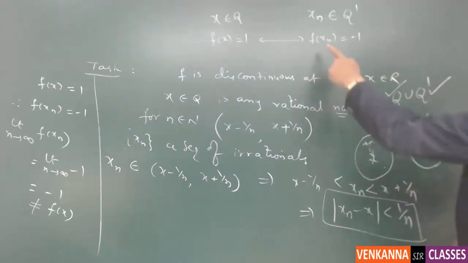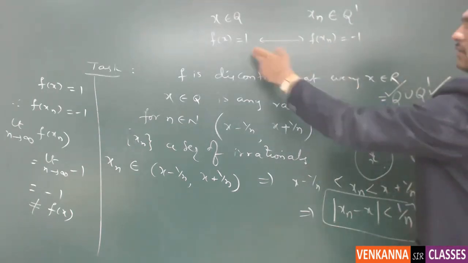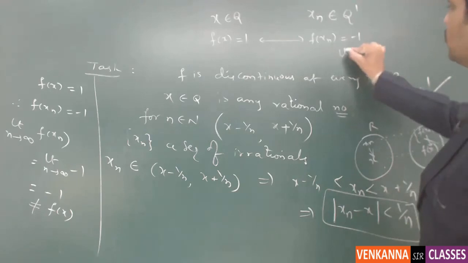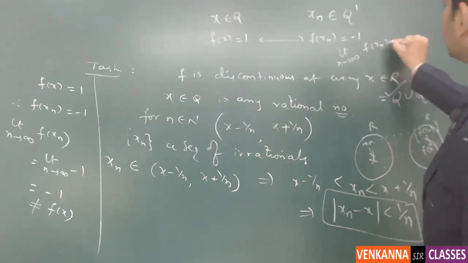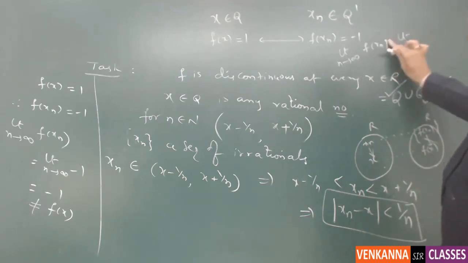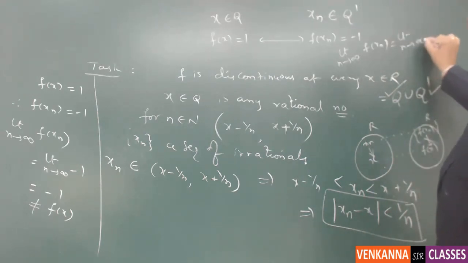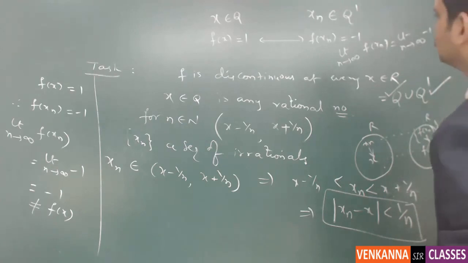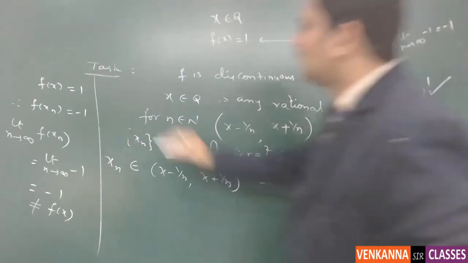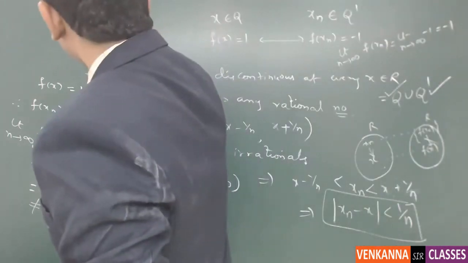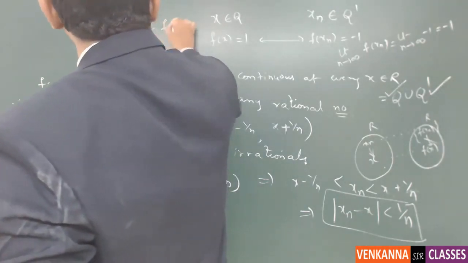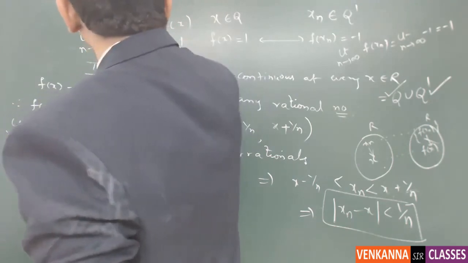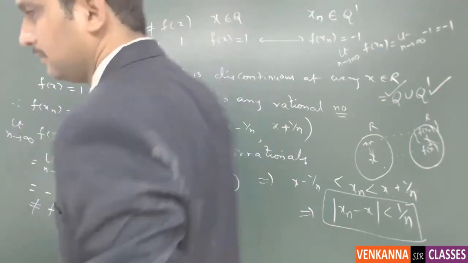How to check the convergence? If you apply limit, you should get 1. So if you calculate limit n tends to infinity f of xn, it is limit n tends to infinity minus 1, value is minus 1. So it means that limit n tends to infinity f of xn is not equal to f of x because its value is 1, its value is minus 1. Both are unequal.